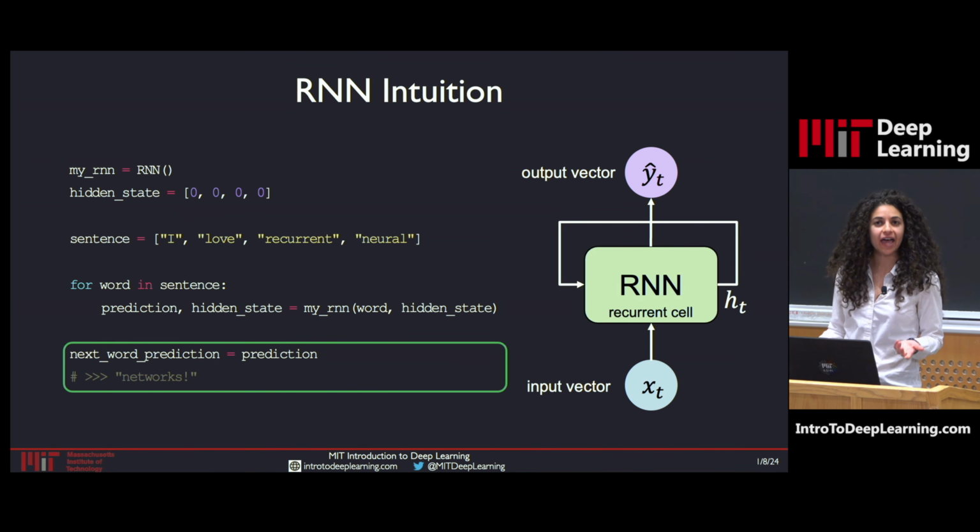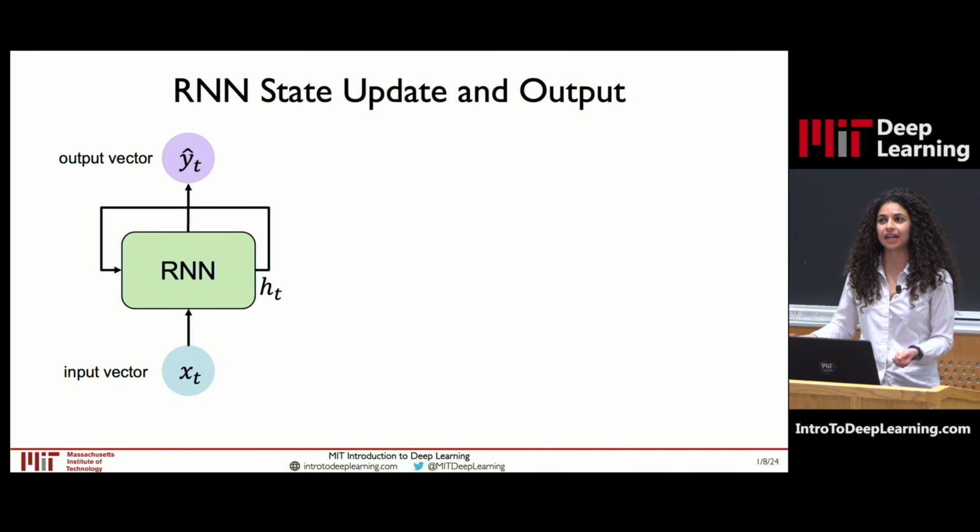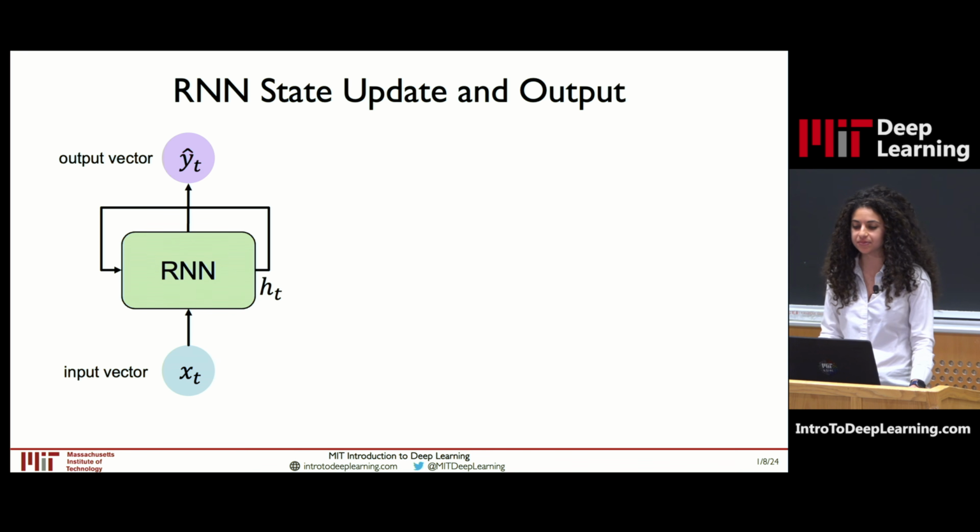At the very end, we can take that learned, updated hidden state and generate the next word prediction for what word comes next at the end of the sentence. So this is how the RNN includes both the state update and an output that we can generate per time step.